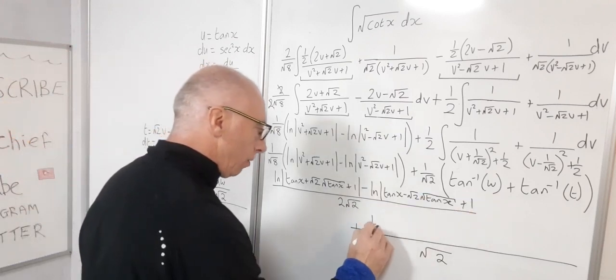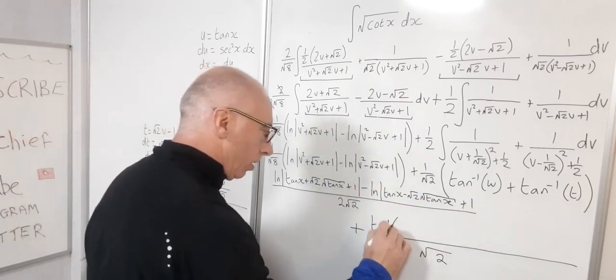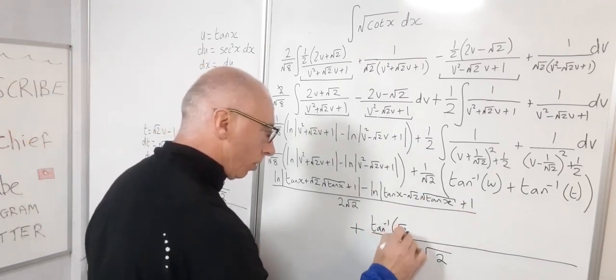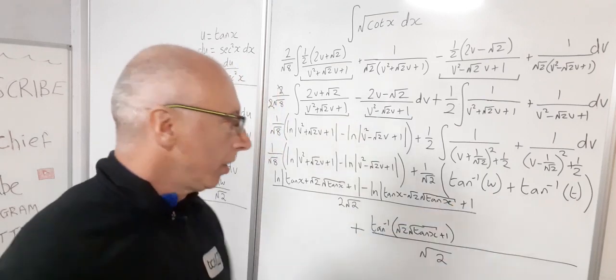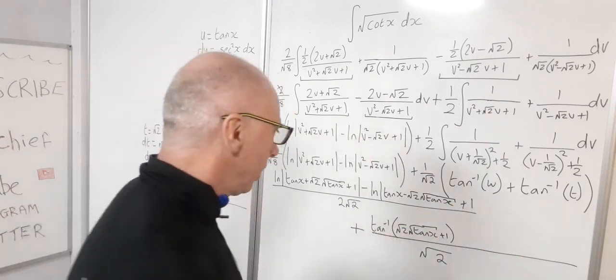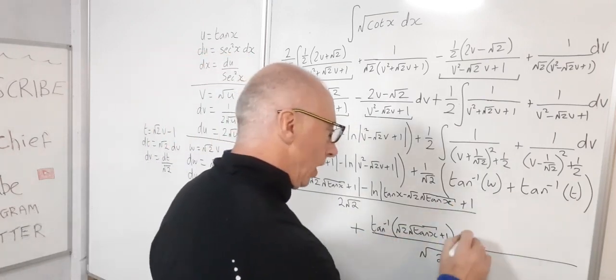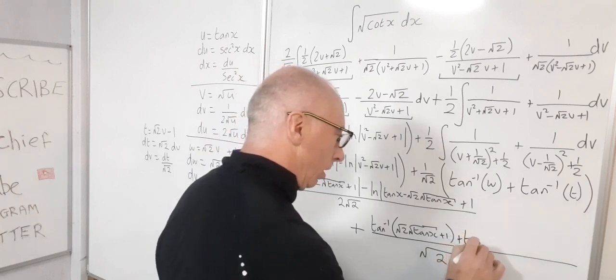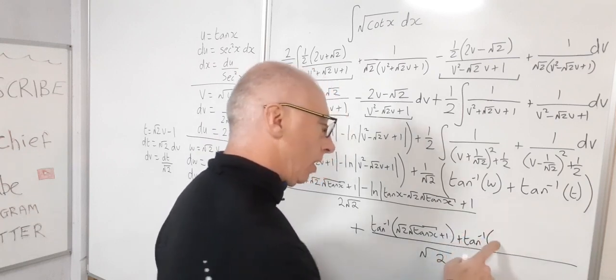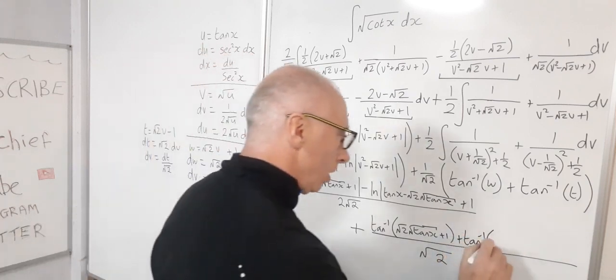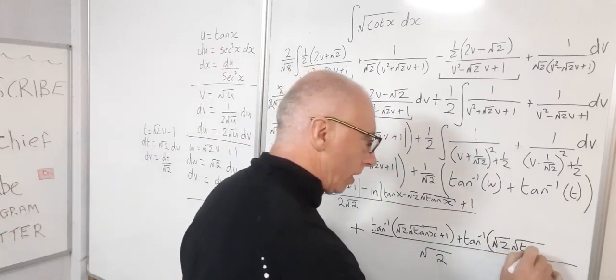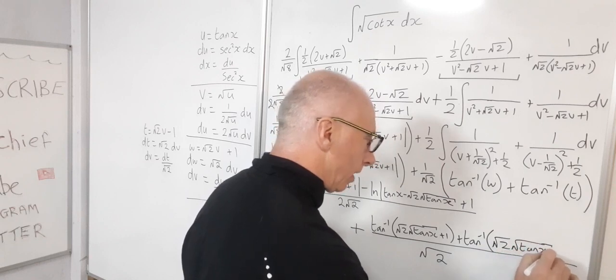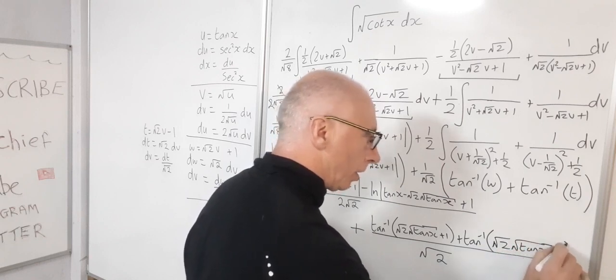So remember, that one was all in brackets, root 2 root tan x plus 1, and then the other one was the same again but with a minus sign. So we're still adding the inverse tangent. The minus sign is within our input of the inverse tangent. So that's square root of 2 square root of tan x, and that's minus 1.